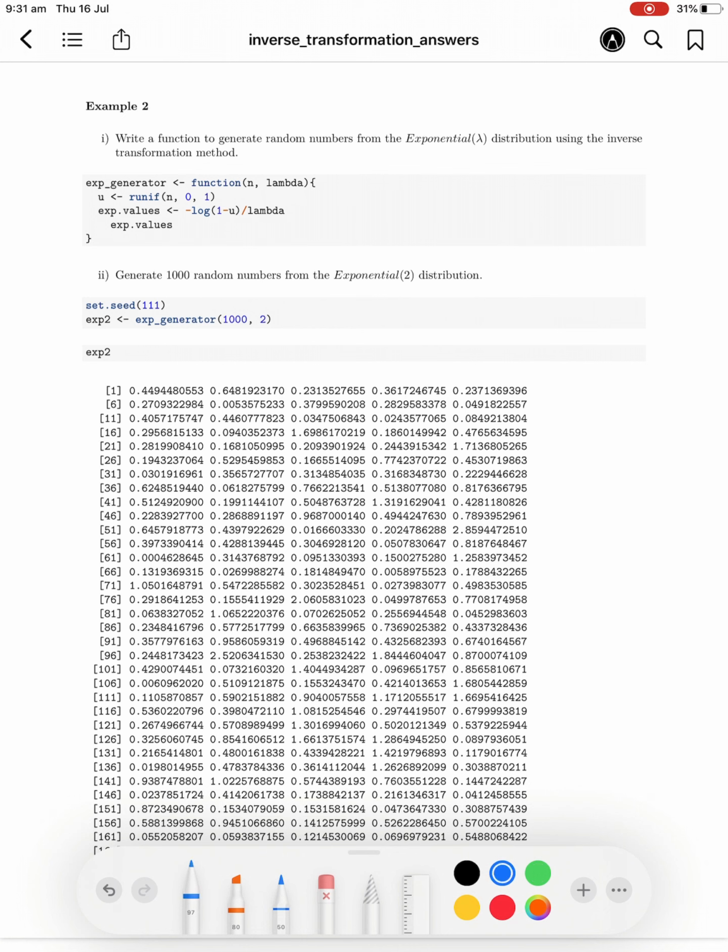Let's look at the second example. Write a function to generate random numbers from the exponential distribution with parameter lambda using the inverse transform method.